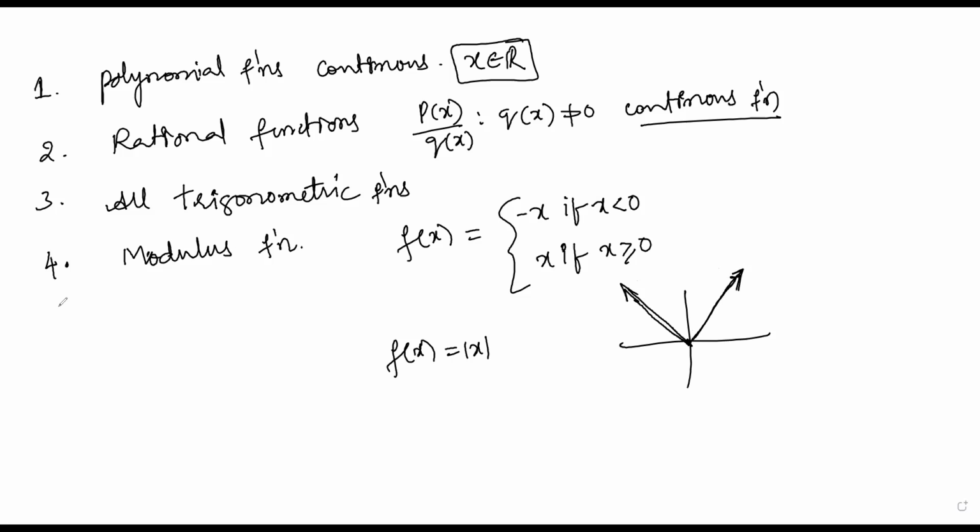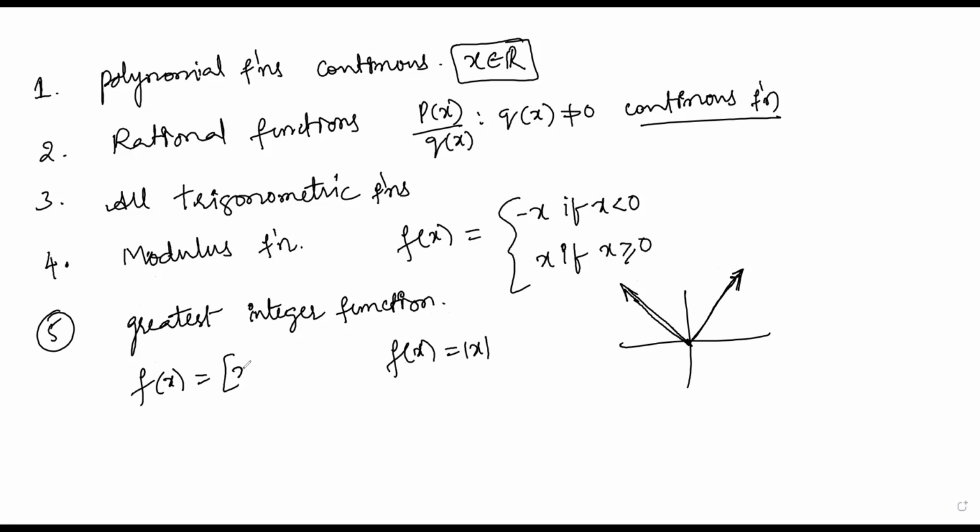Next, 5. Greatest integer function. It's the function where, for a number, the value is the integer that is lesser than or equal to it. Suppose it's 2.1, it would be 2.